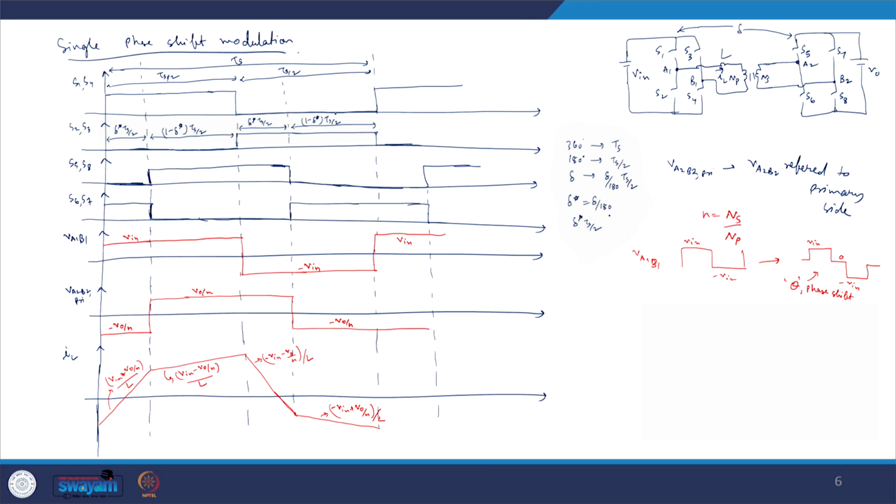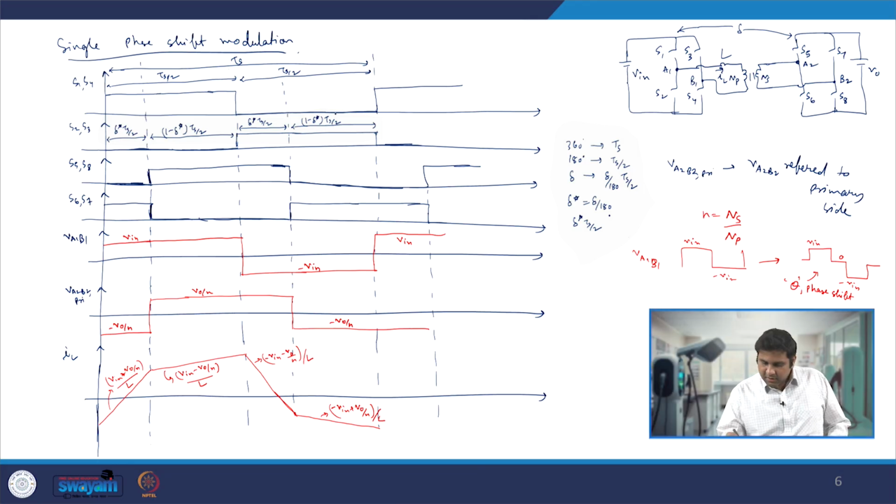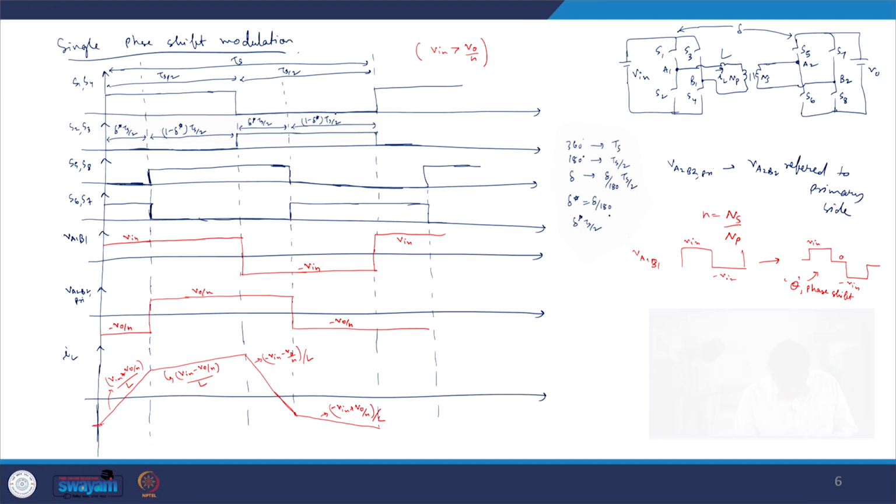Here the slope is drawn in this way, which means that we have taken a condition where our V in is greater than V naught by N. That's why I have a negative slope, but this negative slope value is reduced. This waveform is for this case, and now let's define this as I naught, which is same as this one.